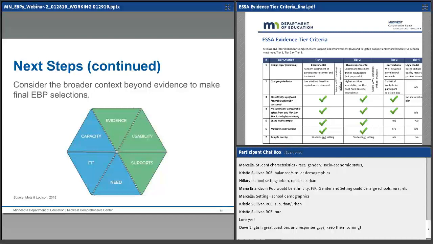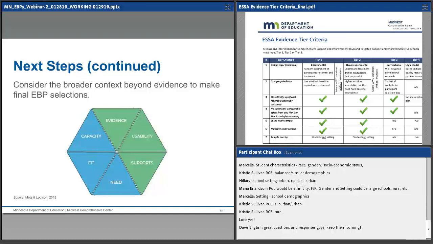And finally, the broader point I wanted to make that we started Webinar 2 with is that remember that this is just one decision you're making when you're looking at selecting evidence-based practices for your schools. There's a number of other decisions that need to be made. Not only does a practice have to have evidence that backs it up, but you need to have a demonstrated need for the school, right? Through local needs assessments or some other way of determining your needs.